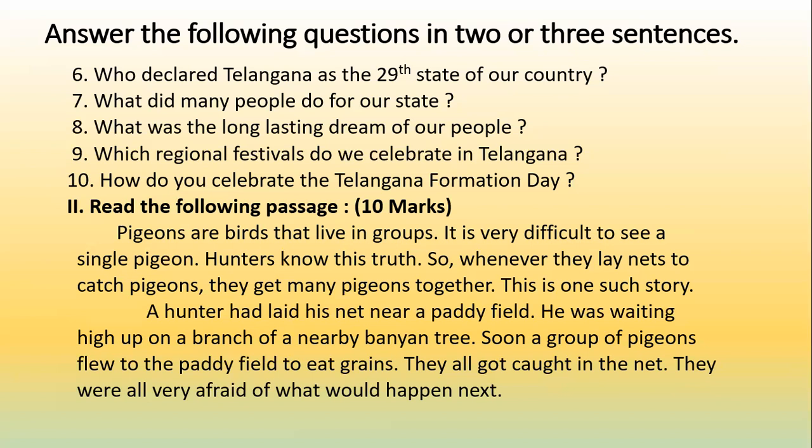And all in school, how do they celebrate? They hoist the flag. So in this way, you have to write it on your own. Is it clear, children? For this question and answers, each question will be allotted 2 marks. So totally 10 marks for the question and answer, and 5 marks for the choose the objectives.